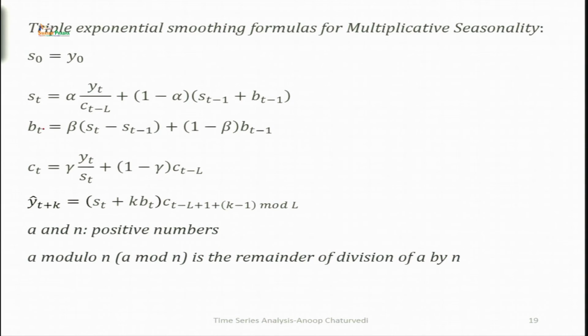Similarly, you update the trend component B_t using this formula, B_t equal to beta times (S_t minus S_{t-1}) plus (1 minus beta) B_{t-1}.